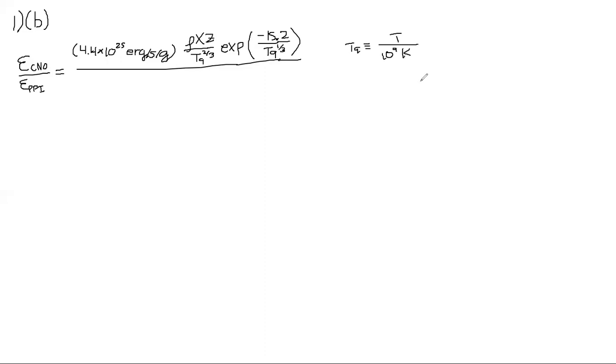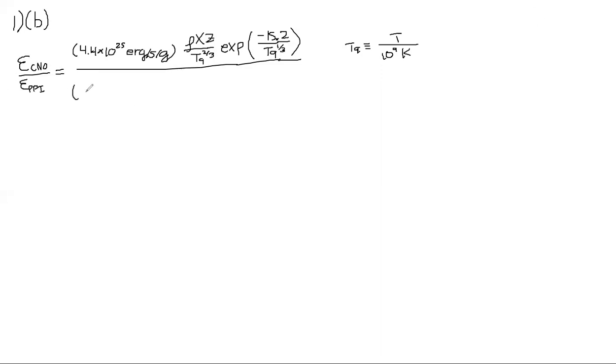So for example, the present temperature of the sun, which we're going to use in a moment, is 15 million Kelvin or 1.5 times 10 to the 7th Kelvin. So the T9 of the sun would be 0.015. No units attached to it because the Kelvins cancel.